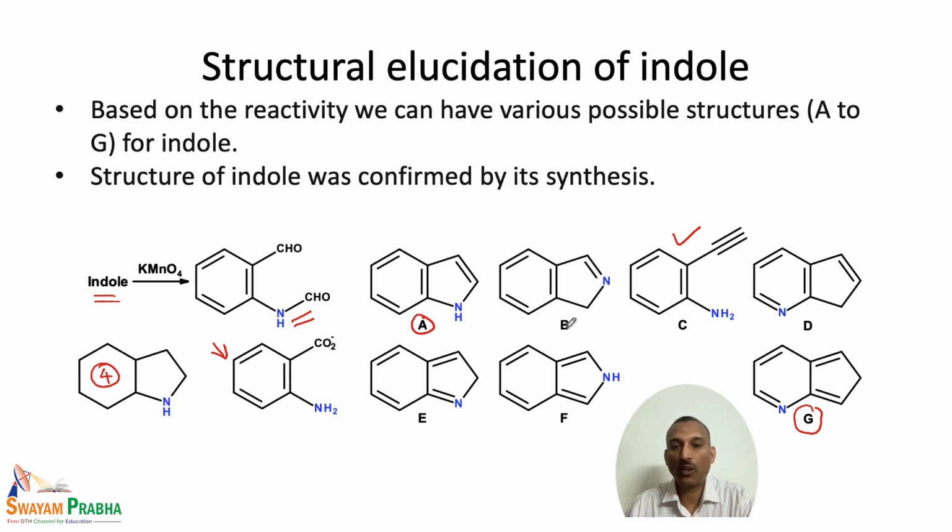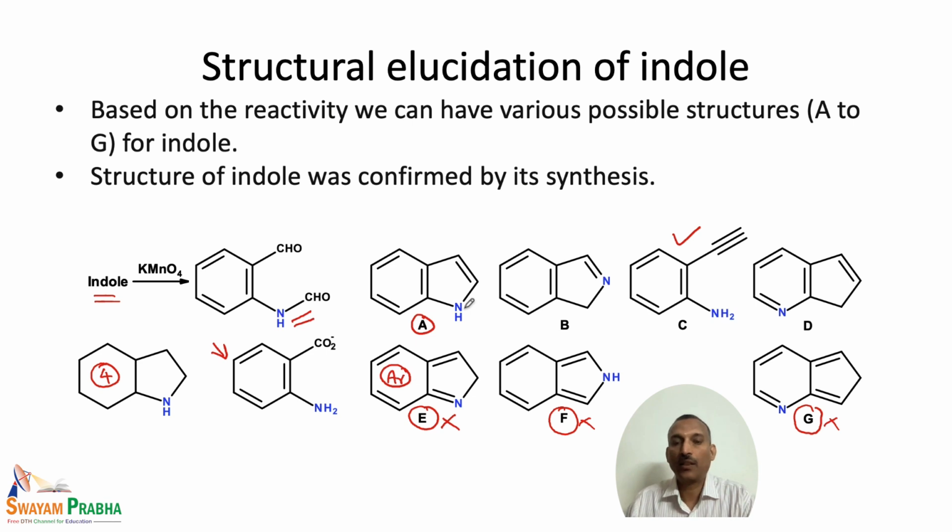If you look at all these structures, structure E, structure F and structure G, all three cannot be the structure of indole because we do not have an aromatic system. That means the substitution reactions shown by indole cannot be explained by these structures. So we can completely rule out these structures for the indole moiety.